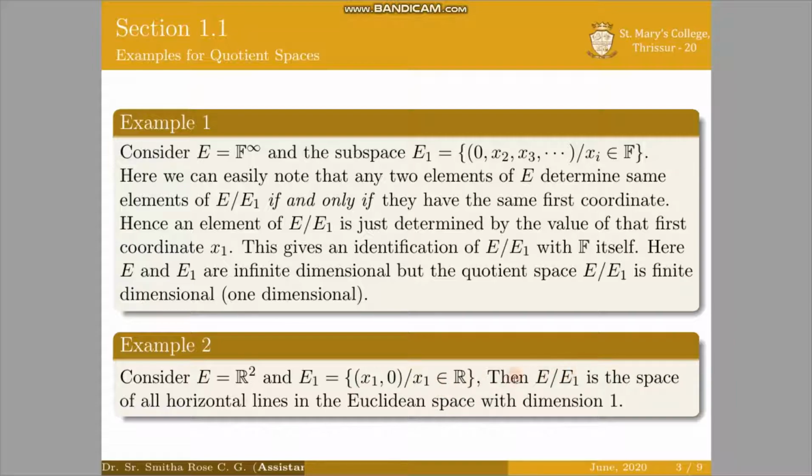Then the quotient space is the collection of all horizontal lines in Euclidean space, with dimension 1. Here the subspace is the horizontal x-axis, and each coset is a horizontal line parallel to this subspace. So the quotient space will be the collection of all horizontal lines in the Euclidean plane.